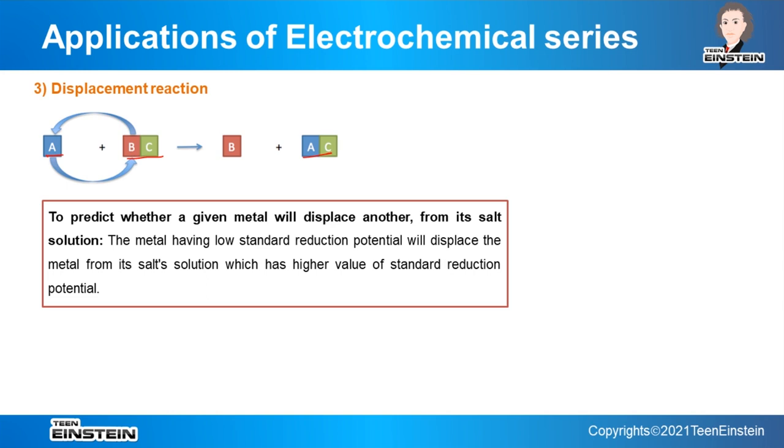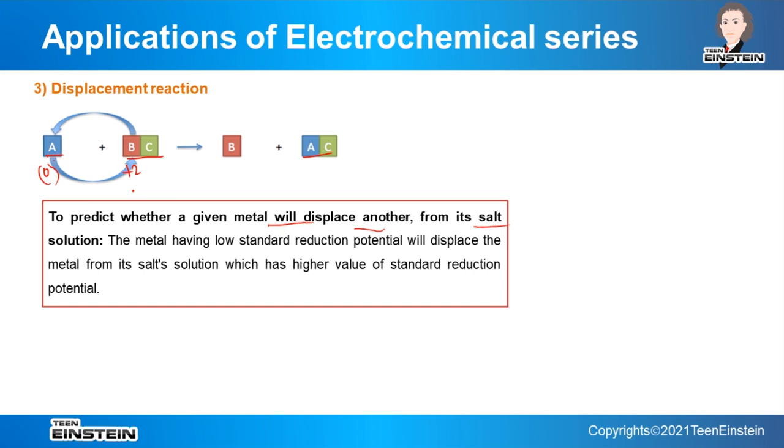Okay. So we can predict from the electrochemical series whether a given metal will displace another metal from its salt solution. That means the metal that will displace will be in 0 oxidation state, and the metal which is present in its salt will have some positive oxidation state. So when it is displacing, suppose A is in neutral state and B has oxidation state +2.